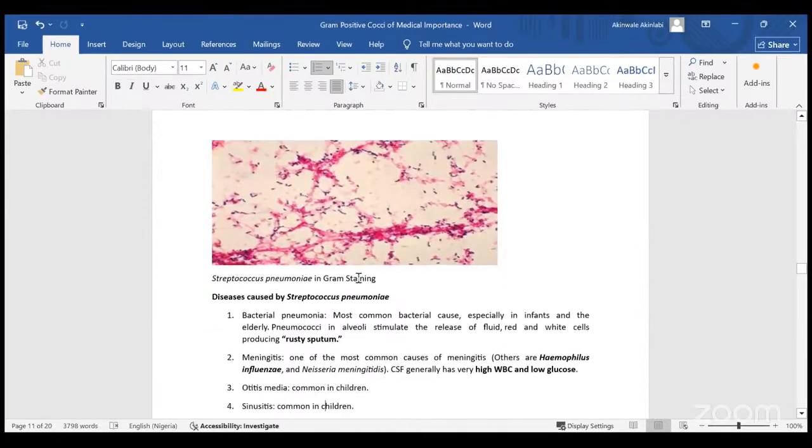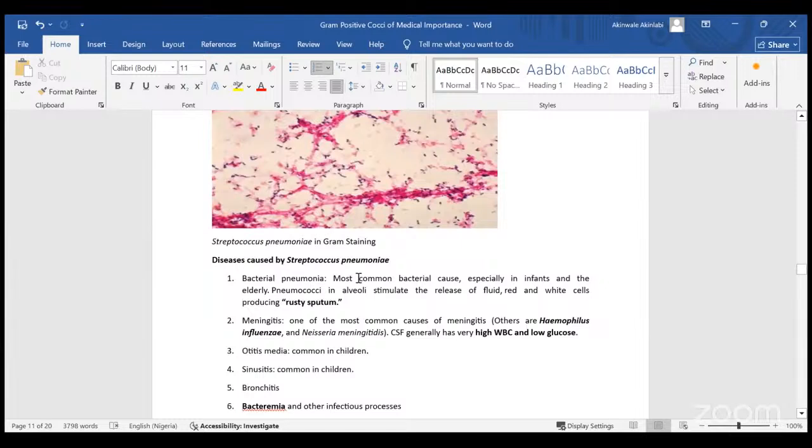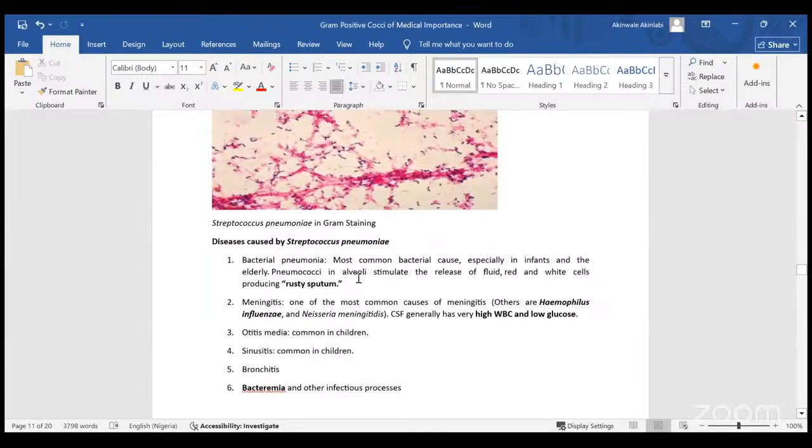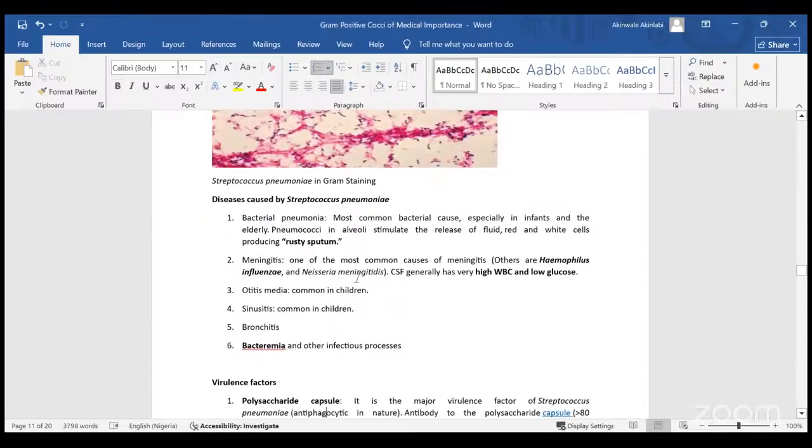What are the diseases caused by Strep pneumonia? They cause bacterial pneumonia, the first one, meningitis, the second one, otitis media, common in children, and sinusitis, common in children, bronchitis, bacteremia. These are the diseases they cause.